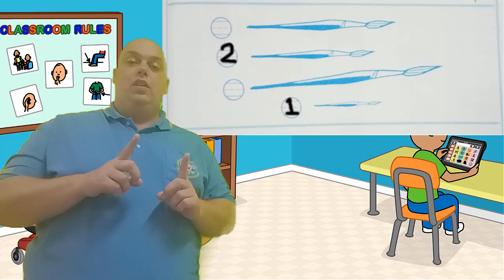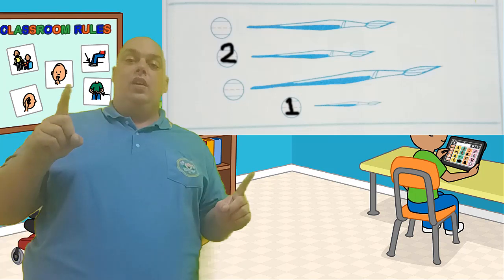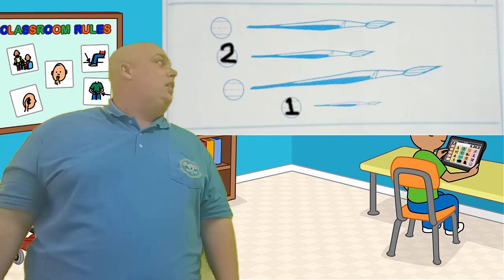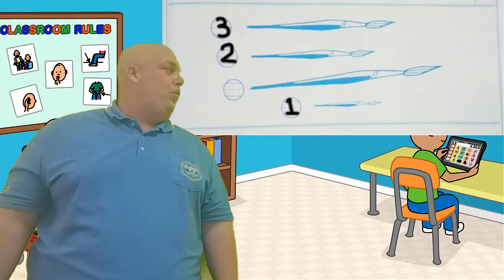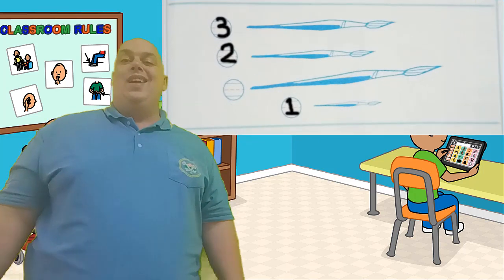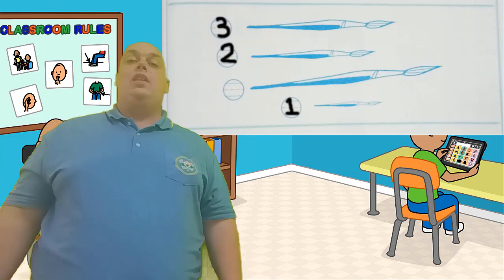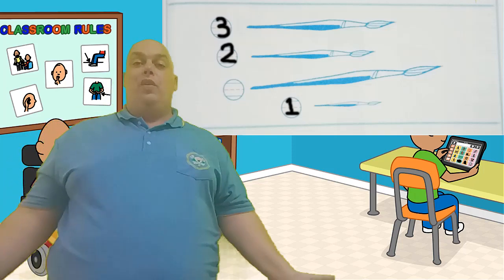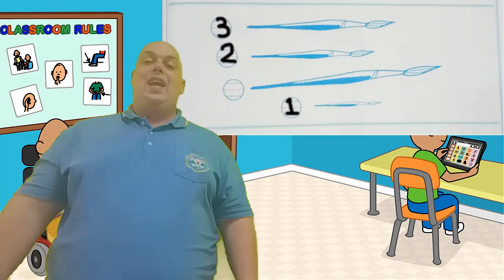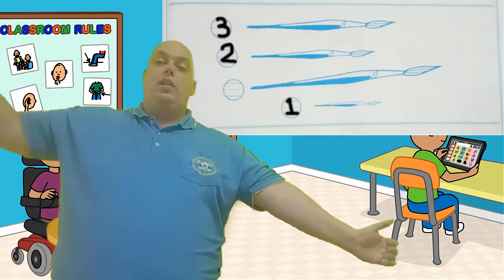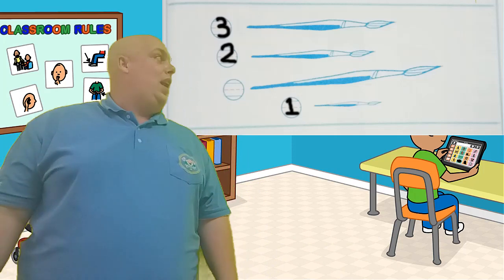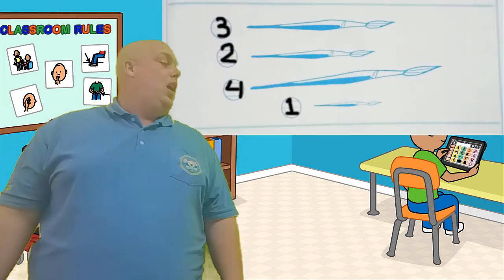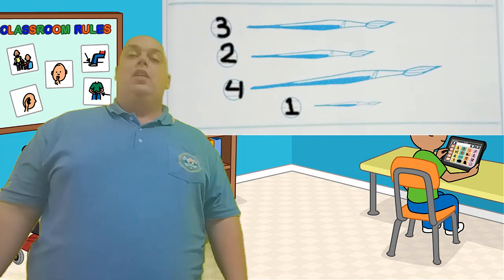Yes, 1, 2, 3. Where do we find number 3? Yes, over there. Okay, let's write number 3 in front of that paintbrush over there. Okay, and the last one again is very easy. There's only one more left, and that is number 4. So number 4 again is the longest. So write number 4 in front of the longest paintbrush.